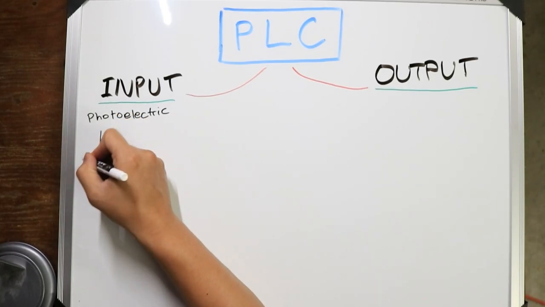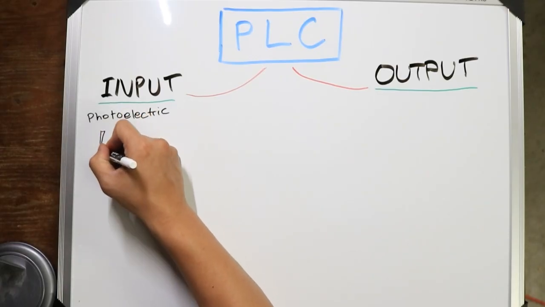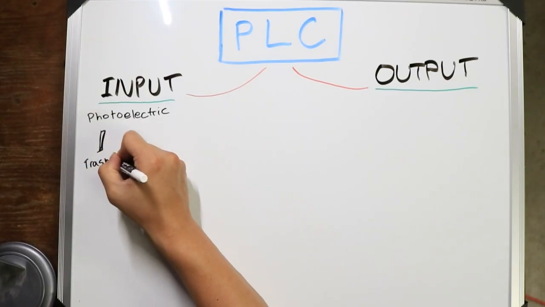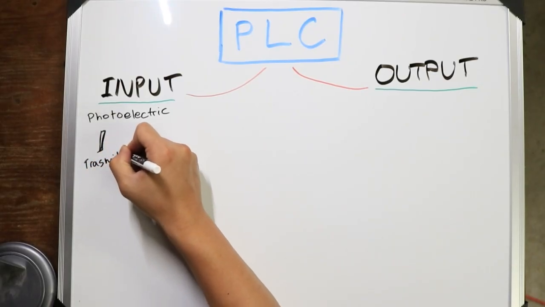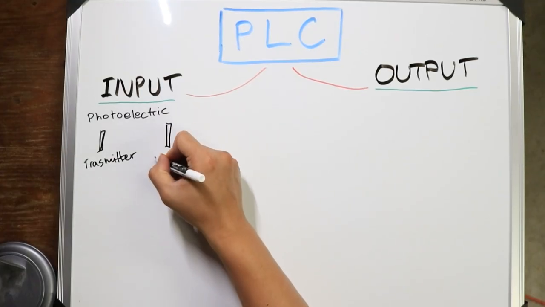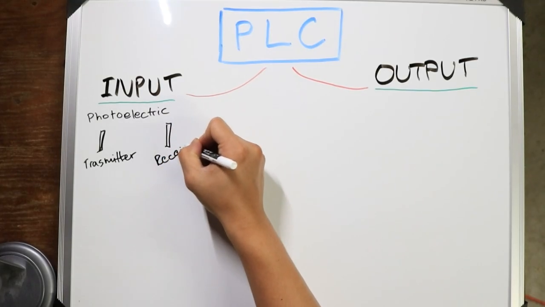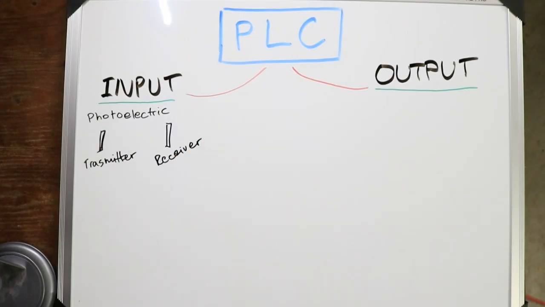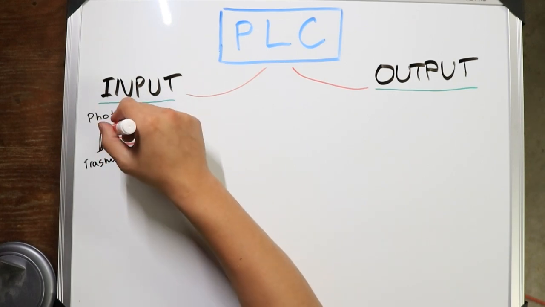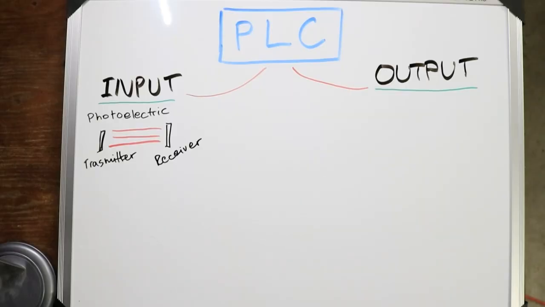This means, pretend this is a sensor bar, we have a transmitter and a receiver. What you don't see with these sensors is an invisible laser that goes across.